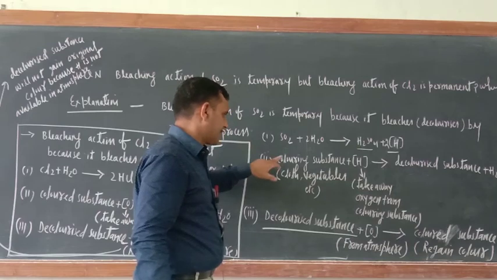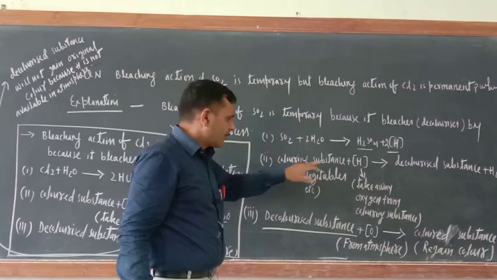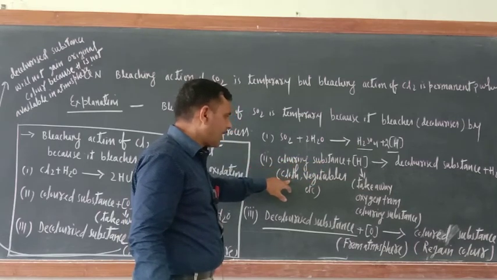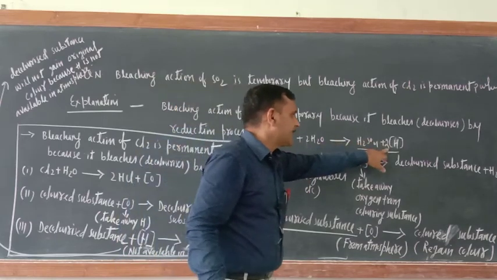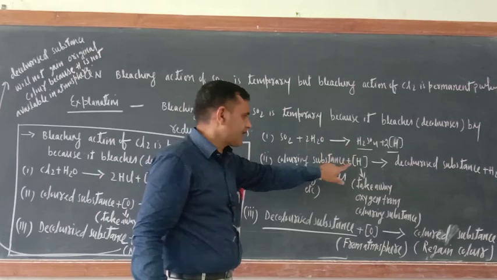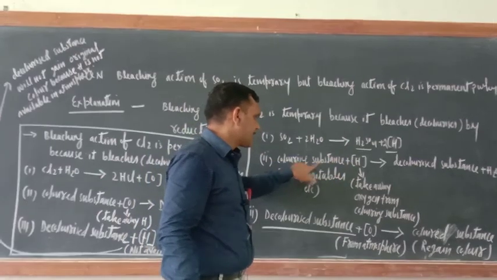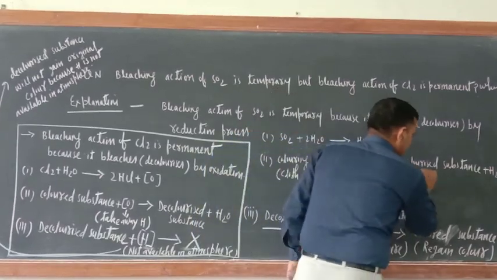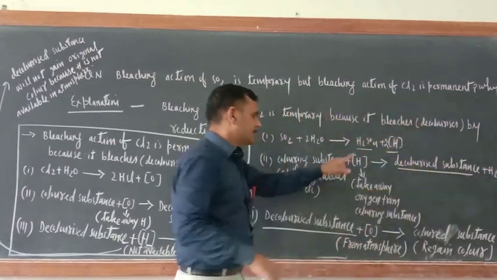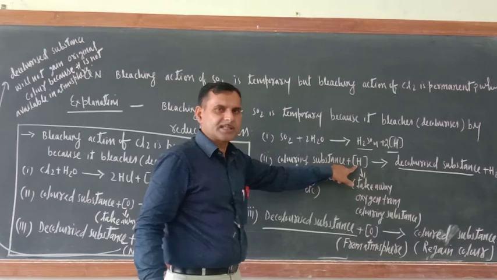And now just see the coloring substance. What may be the coloring substance? Cloth, vegetables, etc. So this nascent hydrogen which is evolved in step number first will react in step number second, and it will decolorize the substance. How is this nascent hydrogen decolorizing the substance?